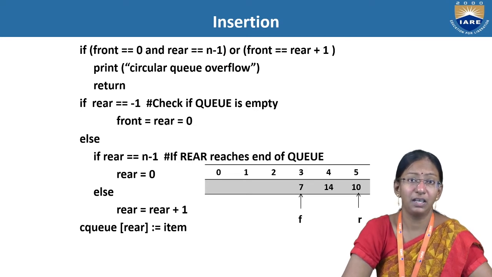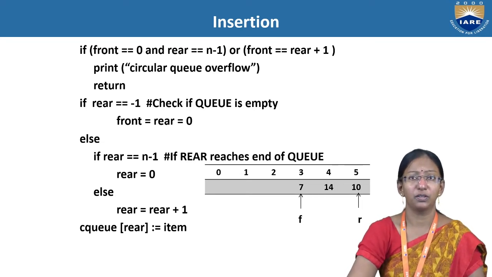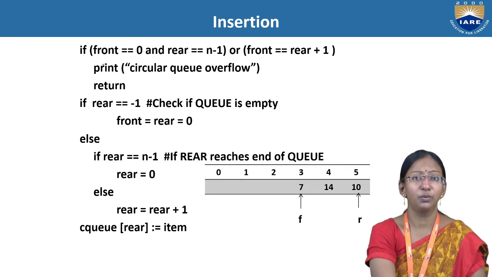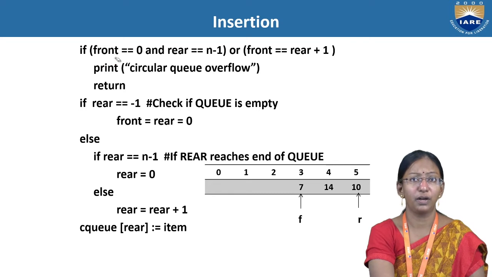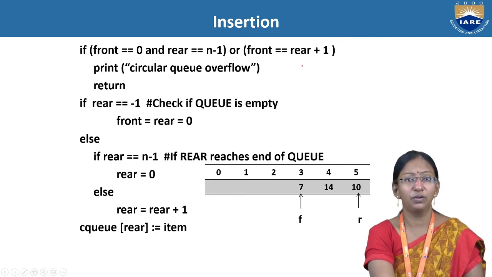Let's see the pseudocodes for the same. Insertion, as I said, to insert we need to think of two conditions. Front is equal to 0 and rear is equal to n-1, a combination of this must be true, or front is equal to rear plus 1.